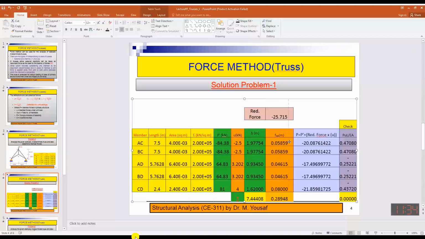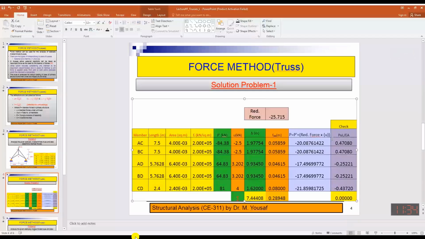P is the actual member force. P dash is due to the forces available on the primary structure, plus now you have applied the redundant force.